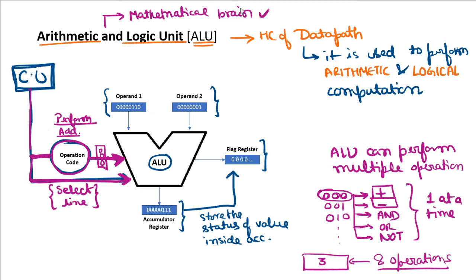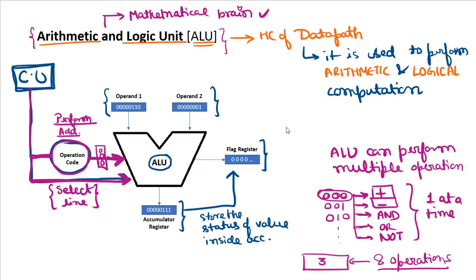Our main goal is the computation over the data, manipulating the data in a certain way, such as addition, subtraction, and so on. This manipulation of data is done using the arithmetic and logic unit. Therefore, it is called the mathematical brain of the CPU.